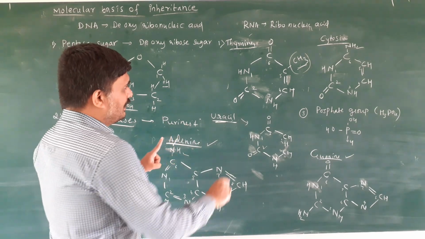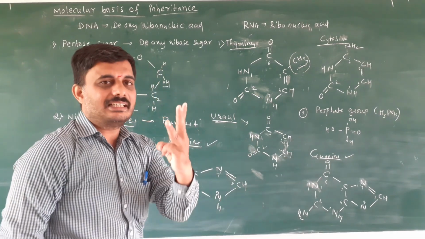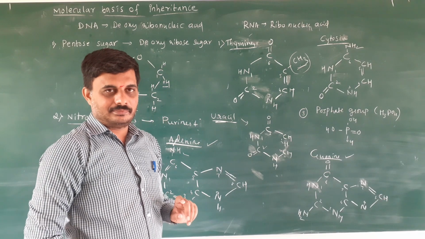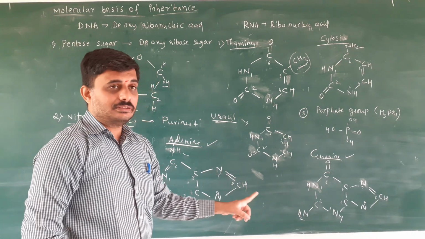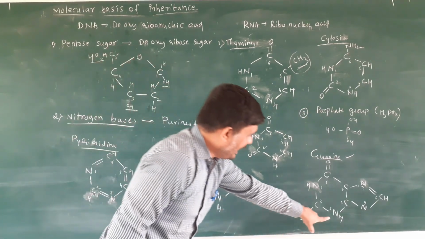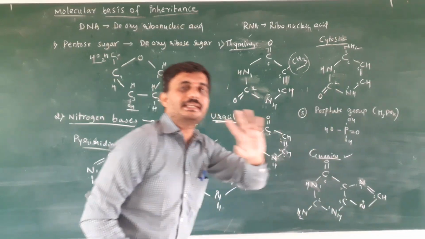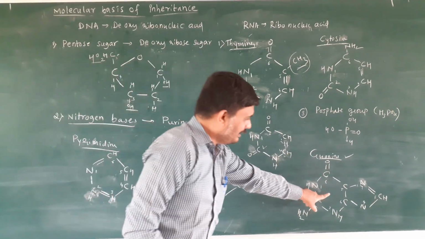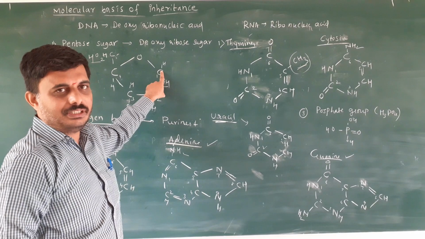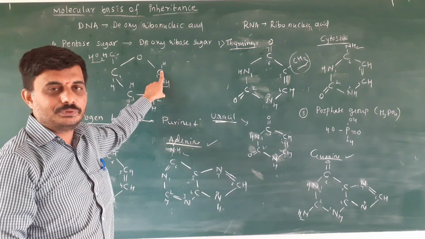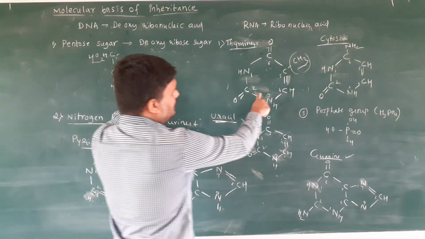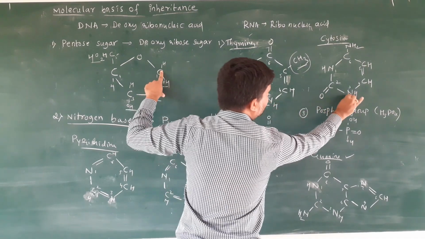To the C1, the pyrimidines are attached at the third nitrogen, whereas the purines are attached at the ninth nitrogen. Adenine and guanine are attached to the sugar carbon at the 9th position. Cytosine and thymine are attached at the 3rd position.